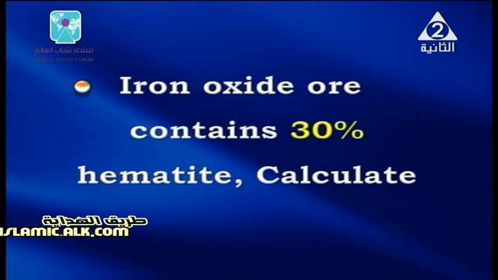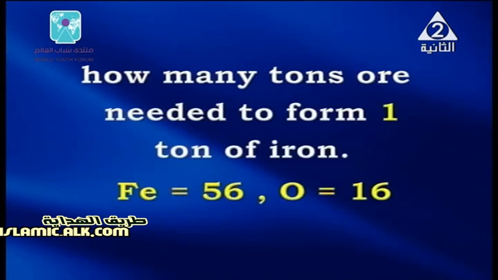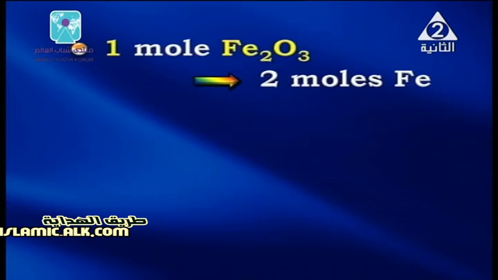Another example, iron oxide ore contains 30% hematite. Calculate how many tons of ore needed to form 1 ton of iron, where the atomic mass of iron equals 56 and the atomic mass of oxygen equals 16. Solution: 1 mole of iron 3 oxide contains 2 moles of iron.